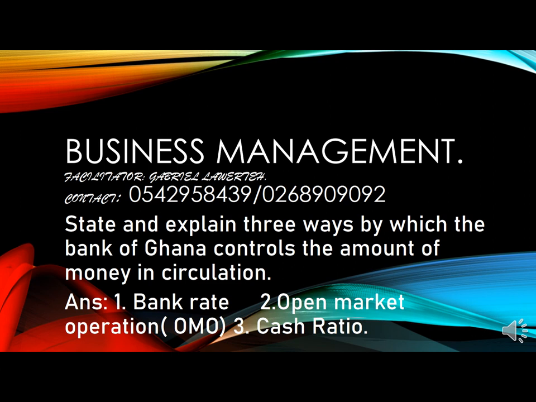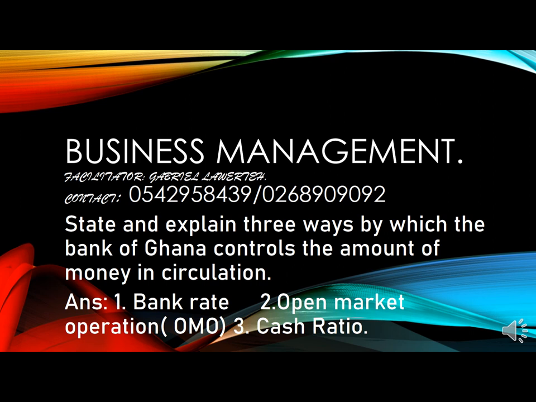So now let's look at the first tool they use, which is bank rate. Bank rate is the minimum rate of interest the central bank charges on loans granted to commercial banks. So now let's look at what they do in order to reduce money supply.